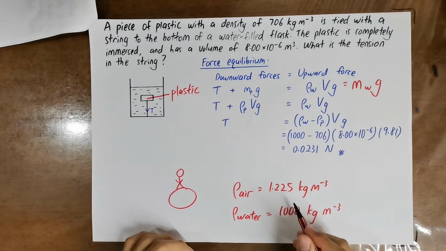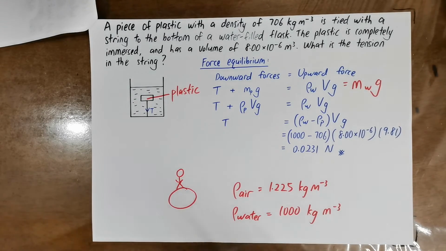The buoyant force that we feel in the air is really very tiny, so it's like you don't feel it at all. However, if you go swimming, the buoyant force you feel is rho water times g times your volume, so you can feel a greater buoyant force when you go swimming.